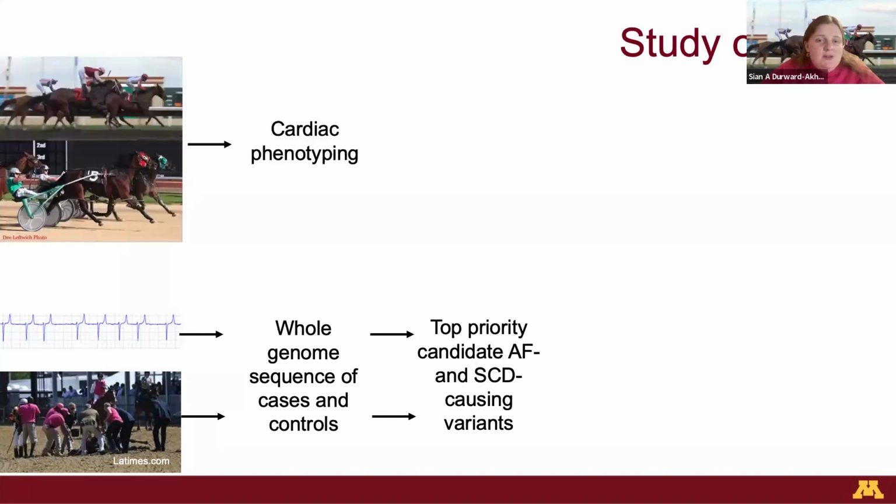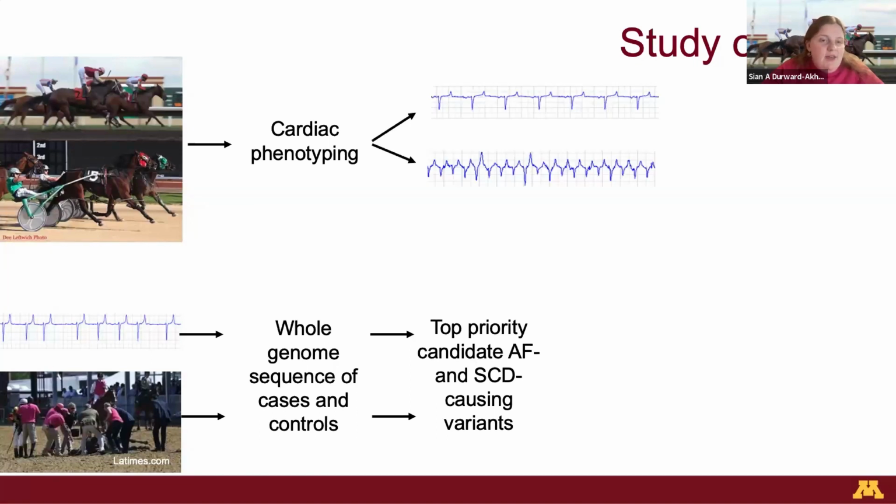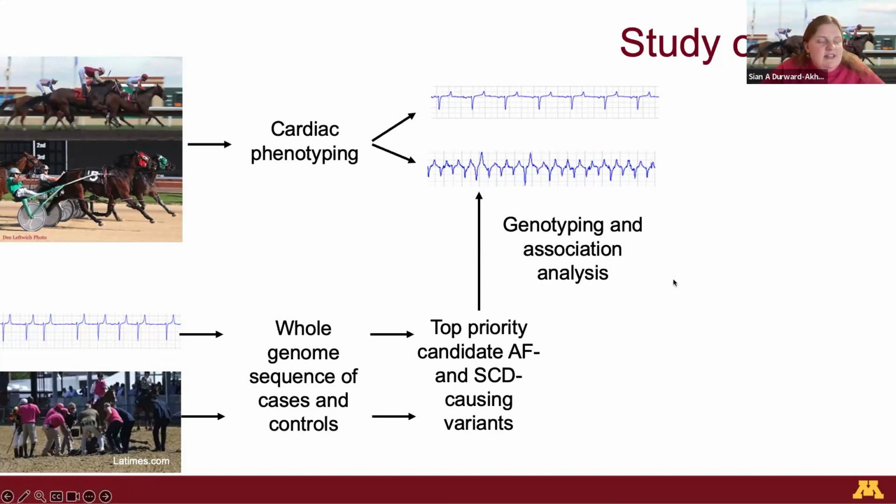At the same time, we're doing cardiac phenotyping and analysing the ECGs to identify which horses have arrhythmias at exercise and which ones don't. This will then allow us to genotype these variants and to test for associations between the racehorses that have problems and those that don't.